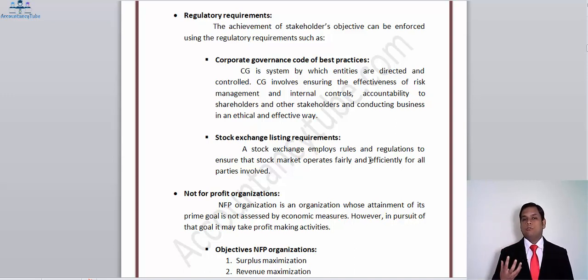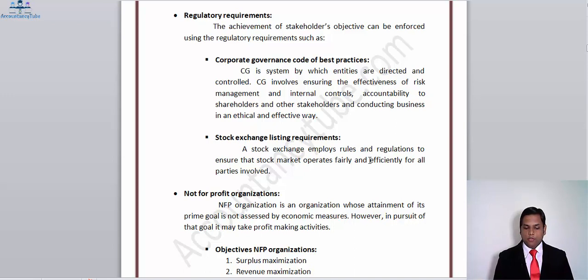The core of the code of corporate governance is ethics. So decisions taken by the BOD or by the organization should comply with the ethical requirements.